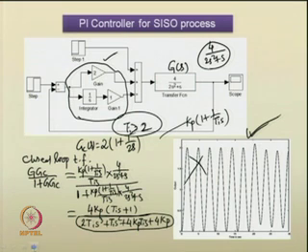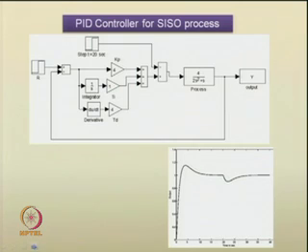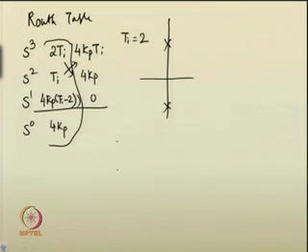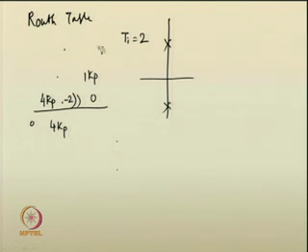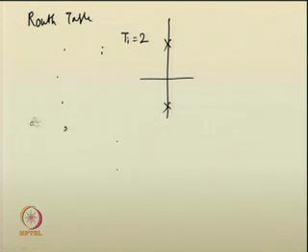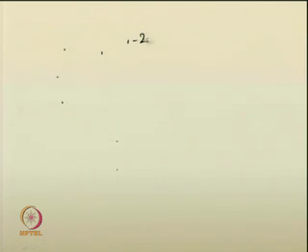Next, let us attempt to design a PID controller for the same process. A PID controller can be designed with the same analysis. Let me start with the closed loop transfer function assuming the form of the PID controller.